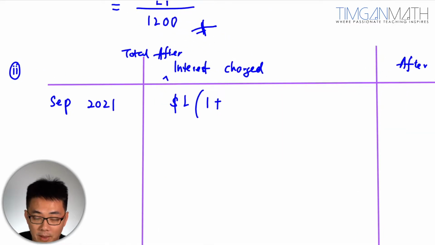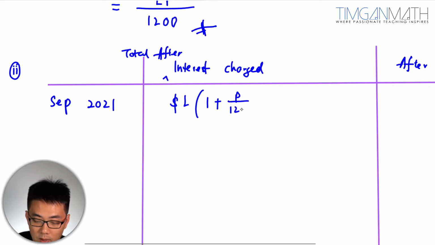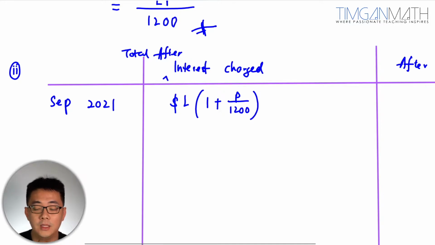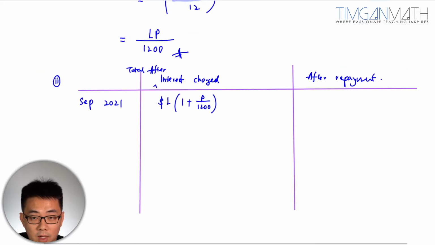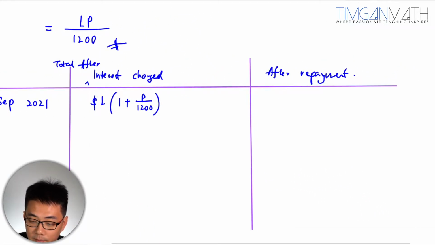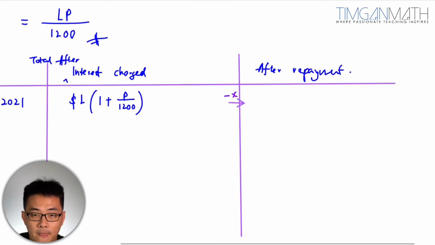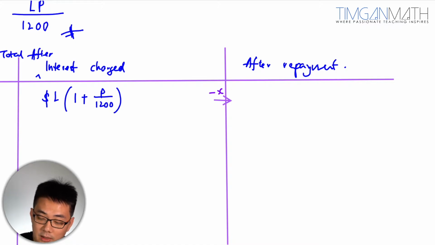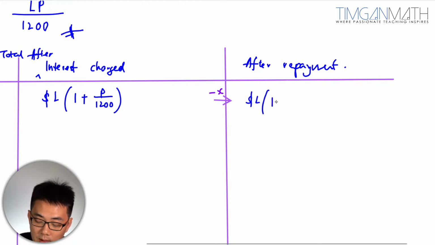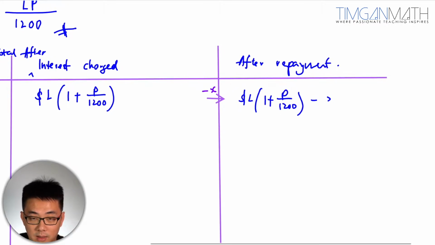This is what it needs, right? Then after repayment, you just minus X. So from here what we get is L(1 + P/1200) minus X. This is the repayment that he does, right?